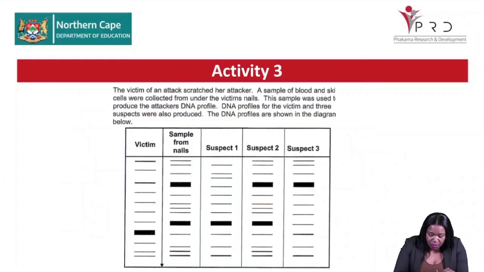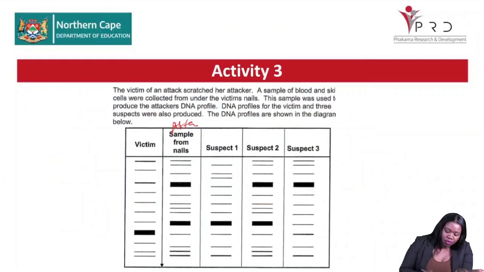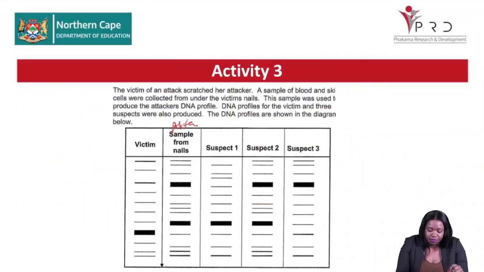So this sample was used to produce the attacker's DNA profile. So that is the sample from the nails, which is that of the attacker, right? The DNA profiles for the victim and 3 suspects were also produced. The DNA profiles are shown in the diagram below. So we have the DNA profiles of the victim, the crime scene, and the suspects of the crime.